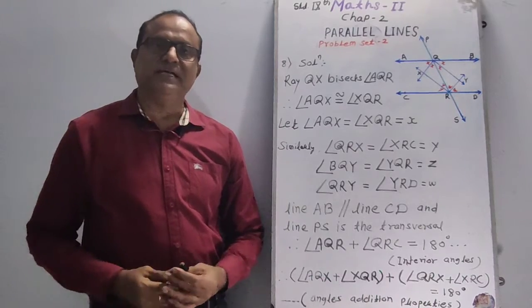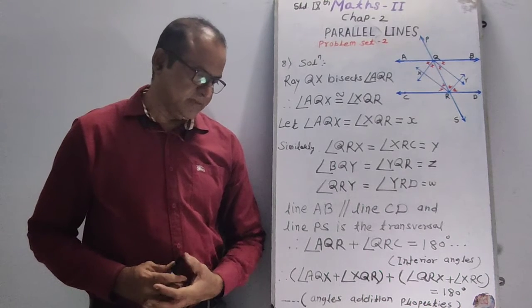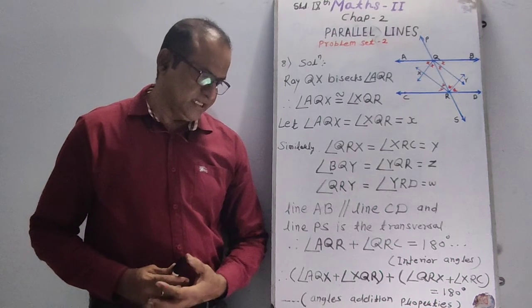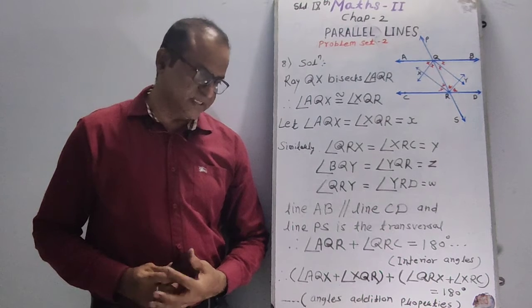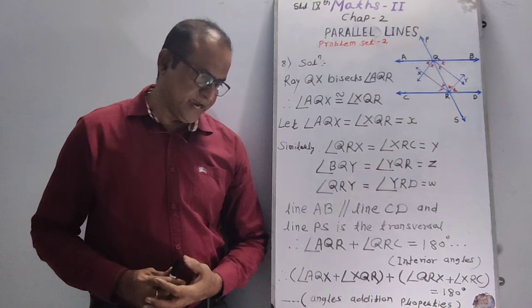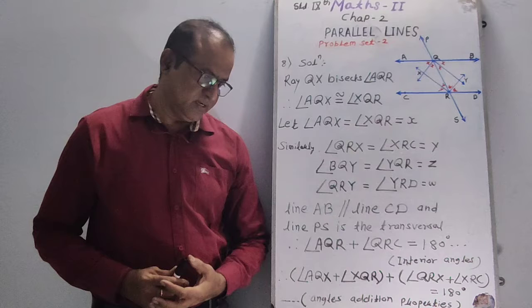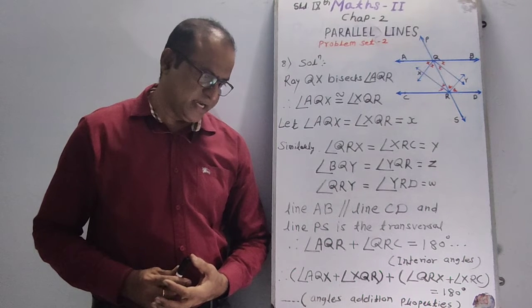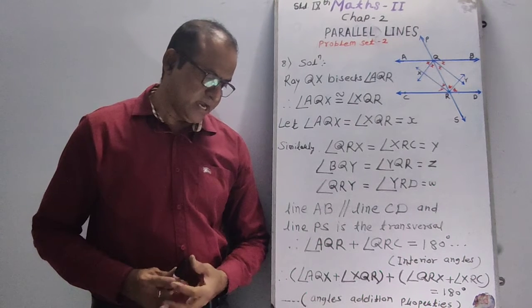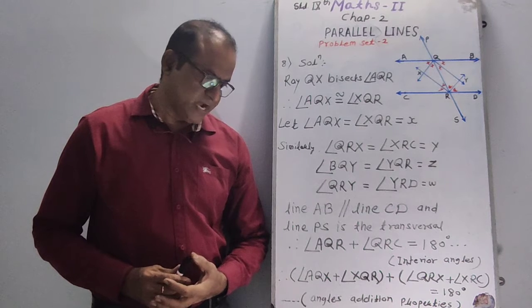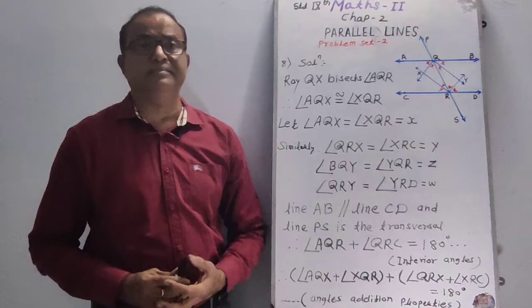Next example, example number 8. I am reading example number 8. You listen to it carefully. In the figure, line PS is a transversal of parallel lines AB and CD. If rays QX, QY, RX, RY are angle bisectors, then prove that quadrilateral QXRY is a rectangle.